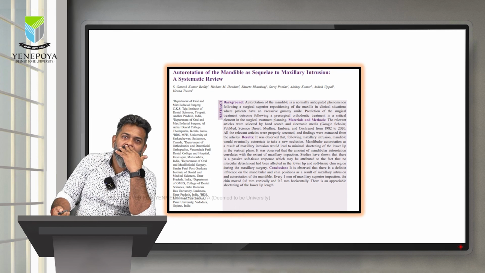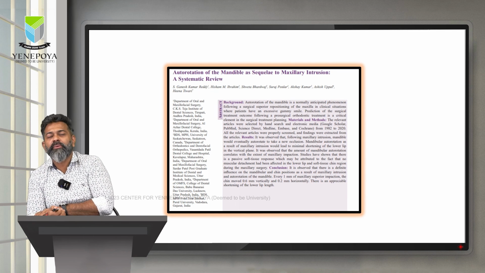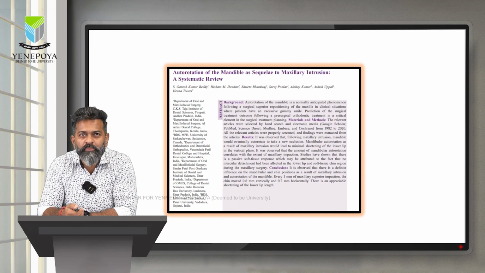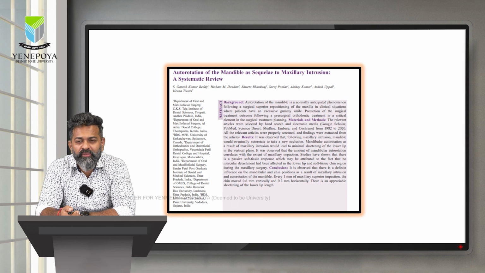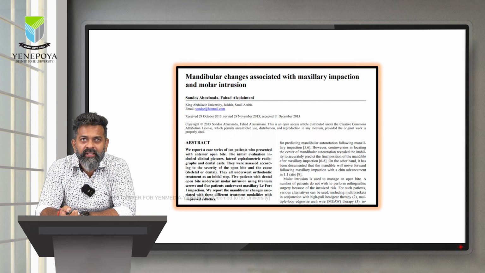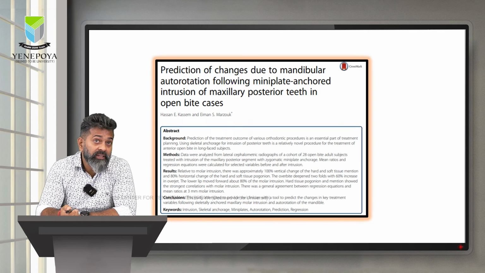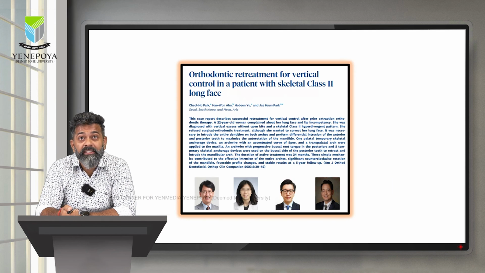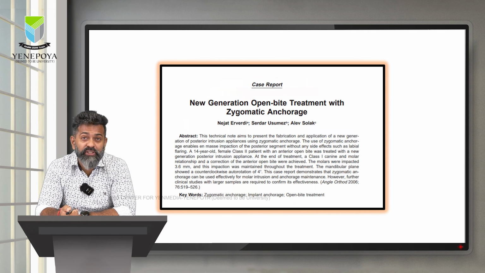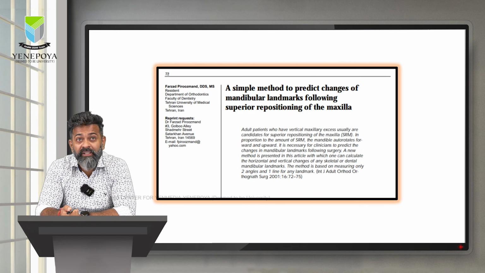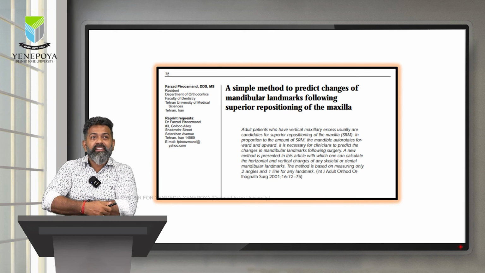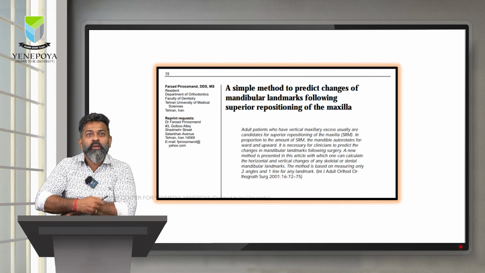So these are some articles I wanted to let you know. These are the beautiful articles given by some great authors in different journals. And there is one more article I wanted to tell you all regarding auto rotation, how to gauge or how to calculate auto rotation. This is this article, Farzad Pirouzmand.